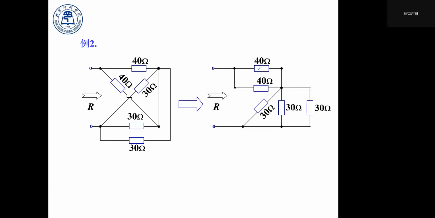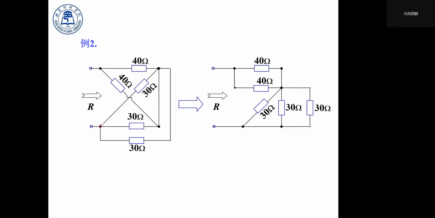The second example: if you have something like this and we want to simplify it, we have to make clear the relationship between each and every component on each branch.